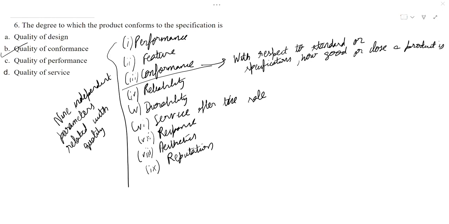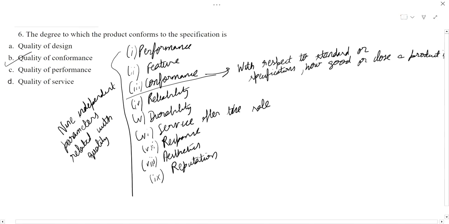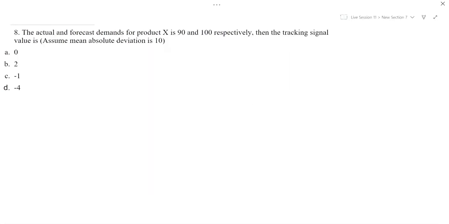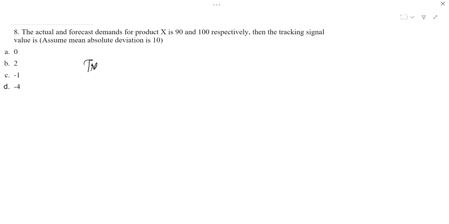Okay, so moving to the next question. The actual and forecast demands of product X are 90 and 100. The tracking signal of the value is which of the following? Now, we discussed tracking signal last week also.